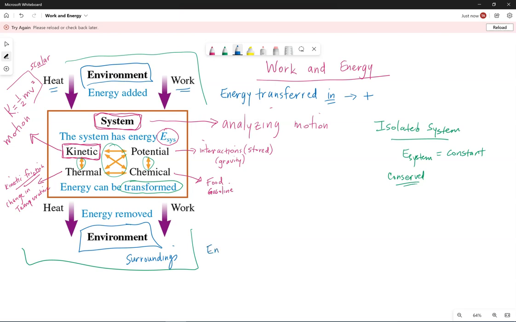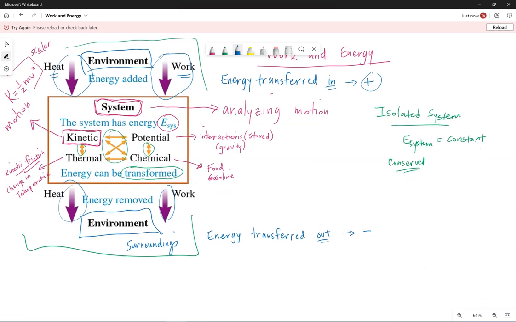If energy is transferred out, we're going to say it's negative, meaning it has been taken away from the system. So positive work or heat is putting energy into the system. Negative work or heat is taking energy out. These big purple arrows at the top represent energy added, so plus. The arrows at the bottom represent energy removed or taken away.